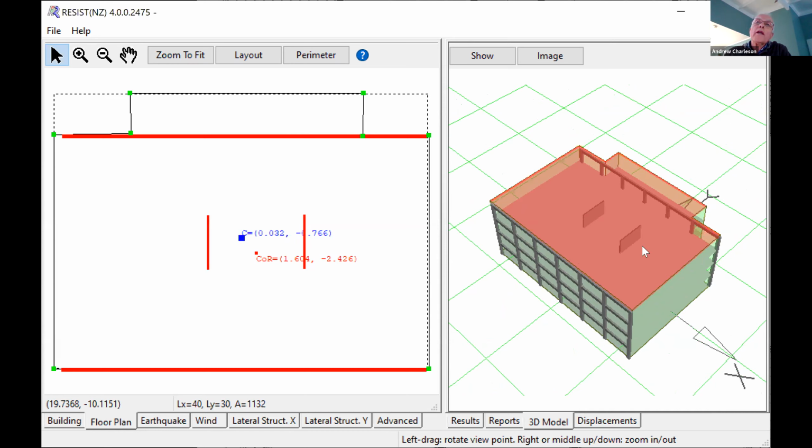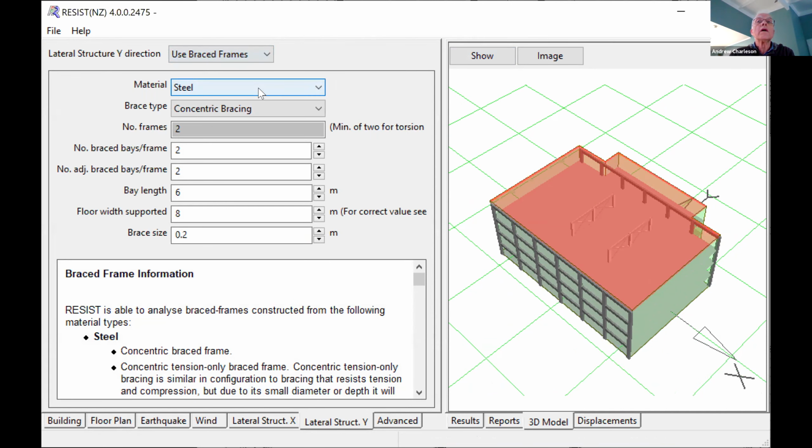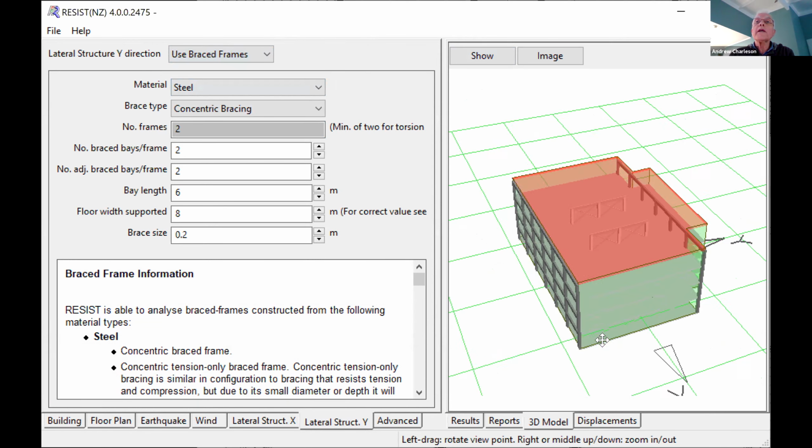One of you might say, well, look, Andrew, what if we want to use braced frames here instead of shear walls? Okay, we go to the Y direction. We choose braced frames. See the braced frames now?